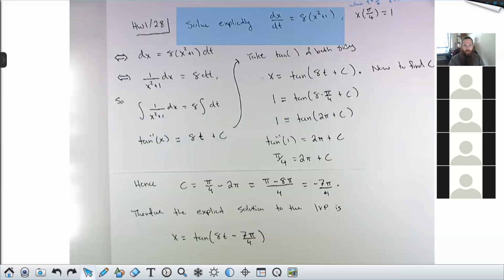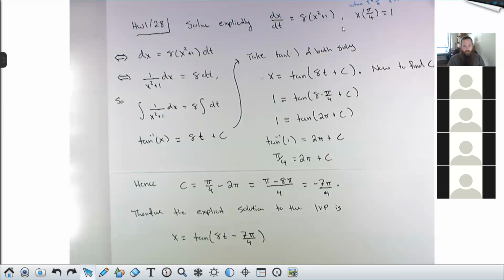whether or not this has a unique solution. And we could think about this in terms of the existence and uniqueness theorem. This as a function of x and t certainly is continuous and has a continuous first partial derivative, in this case with respect to x is the one that matters, everywhere. So there's a single region, the whole plane.